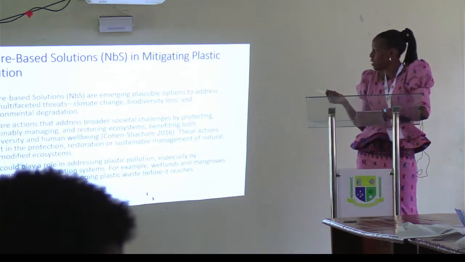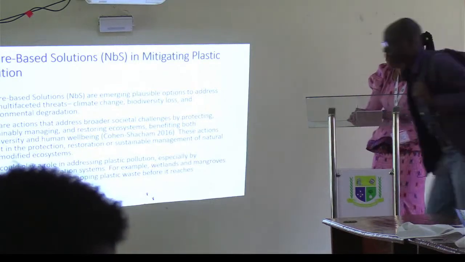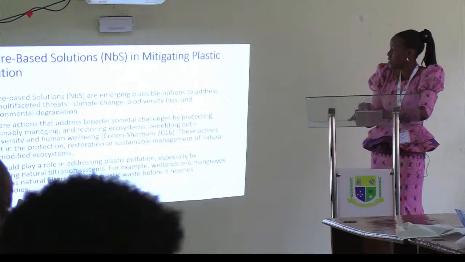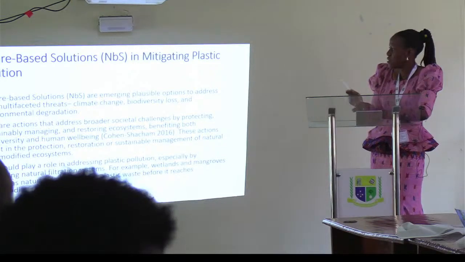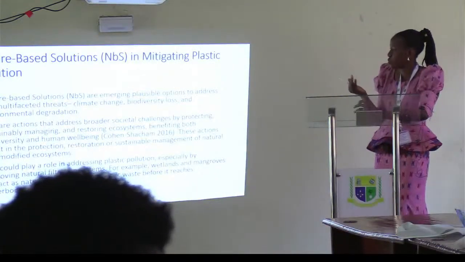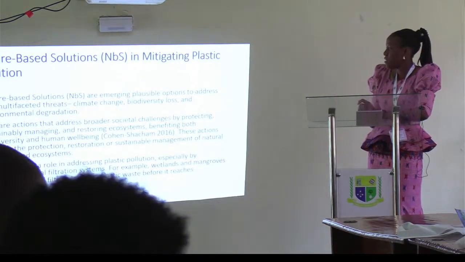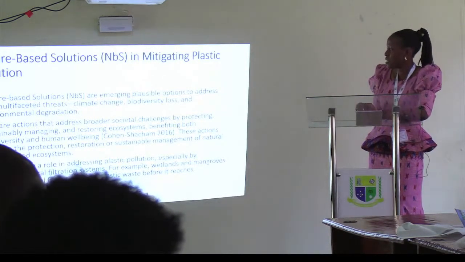Another way that we can look at in mitigating plastic pollution is what we are calling nature-based solutions. Nature-based solutions are just options to address the different threats to the environment, in terms of climate change, biodiversity loss, and environmental degradation.